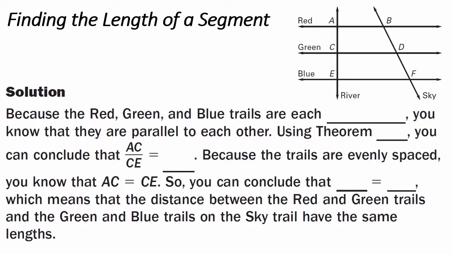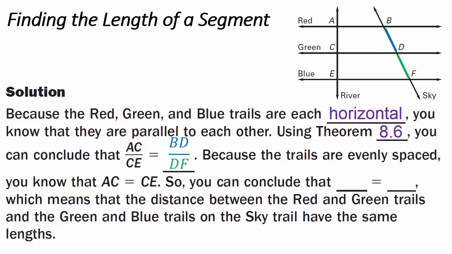So here's our solution. Because the red, green, and blue trails are each horizontal, you know that they are parallel to each other. Using theorem 8.6, which states that if 3 parallel lines intersect 2 transversals, then they divide the transversals proportionally, we can conclude that AC over CE is equal to BD over DF.